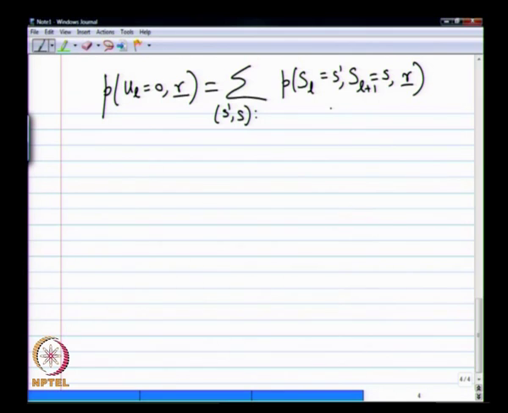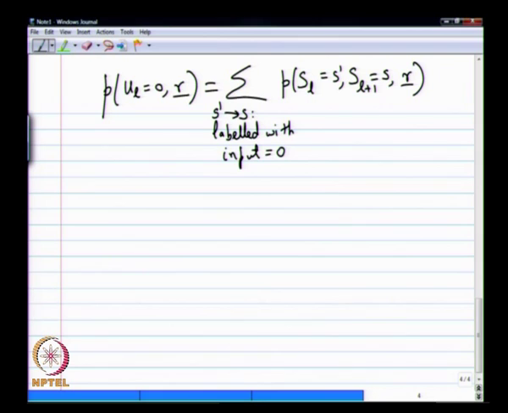So what should S prime and S be? Basically the condition here is that the branch S prime to S should be labeled with input 0, that is all. Is that clear?